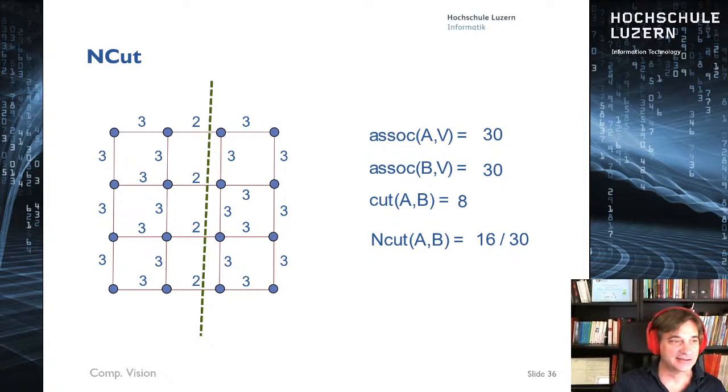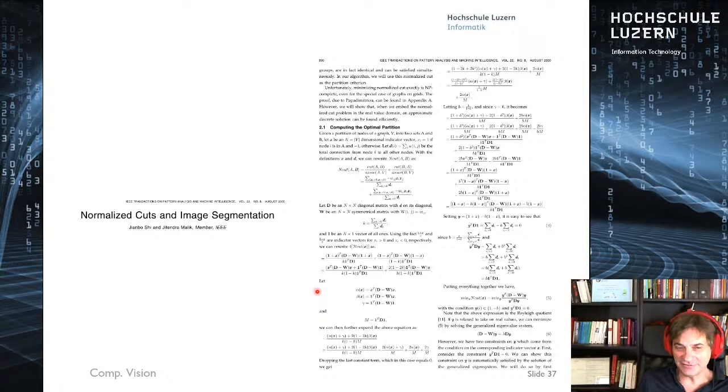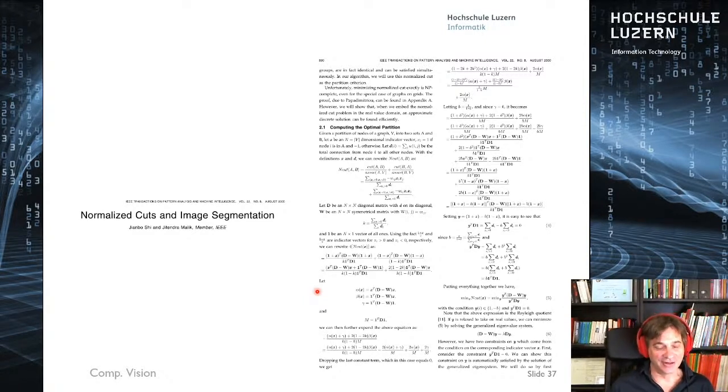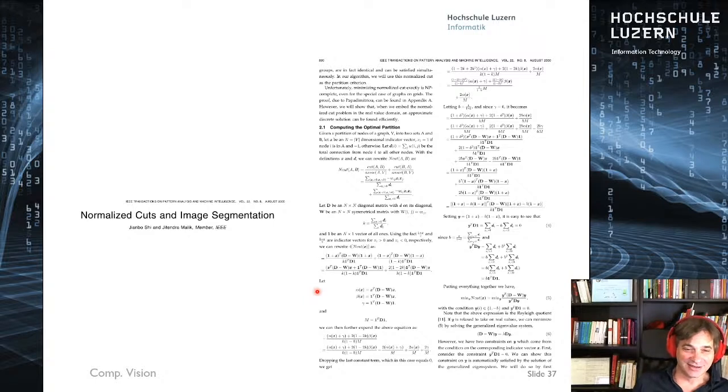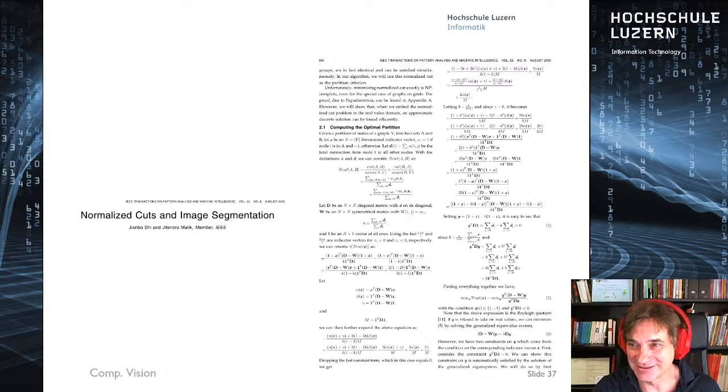Okay, so we have a large graph, and now we have to calculate the optimal cut between all of them, which can be derived here. Okay, we will not look at this derivation.